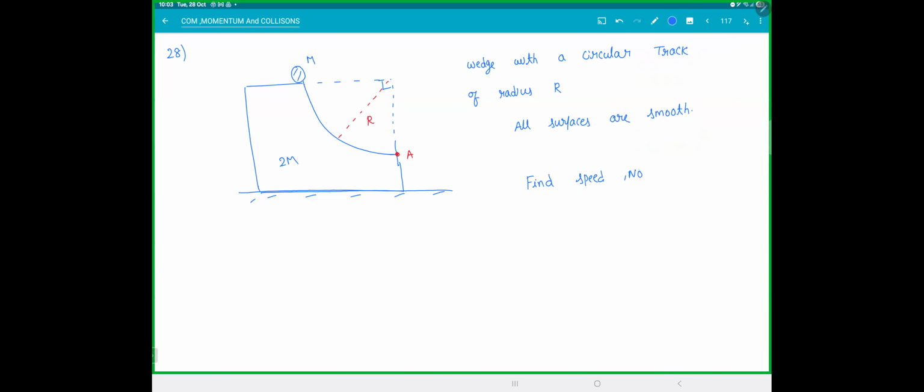Find the speed and the normal reaction when the ball reaches point A. There, now we have completely gone into momentum. Think for a minute or two, then I'll show you.